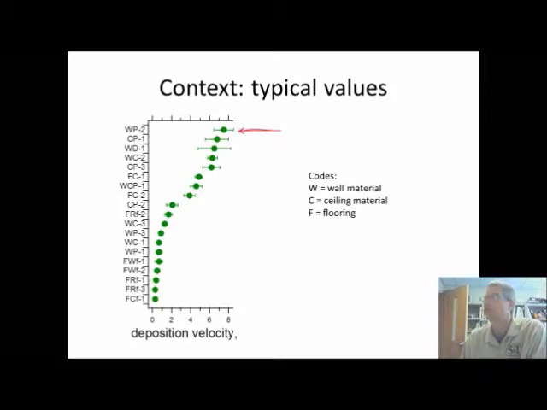This one here is a ceiling material that was fairly reactive, the kind of thing that you would have in a drop-down ceiling. And so those are high reactivity things, and you can see that this floor, this is carpet, right there, so it's fairly high reactivity.